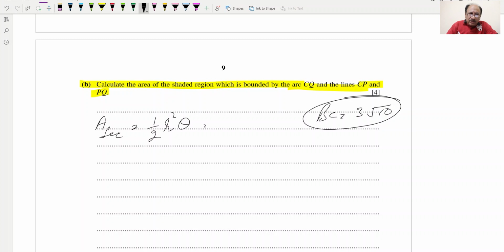So we can write BC is equal to 3 under root 10, which I have shown in the working closer to the diagram. We will replace this: the r value is 3 root 10 and the theta value is 1.25.